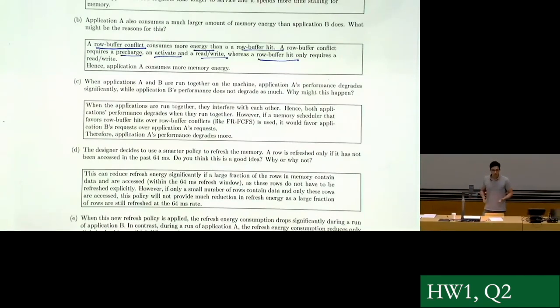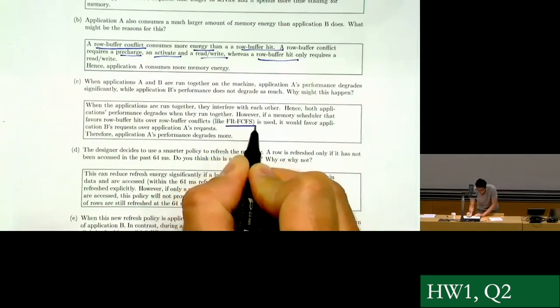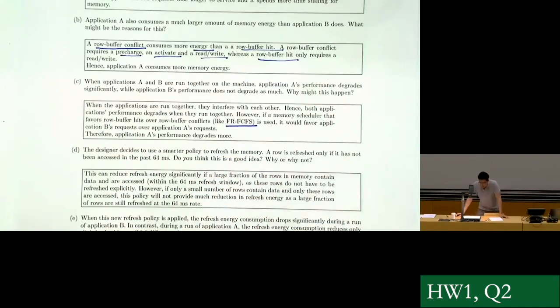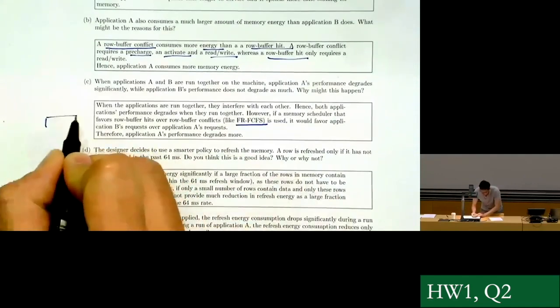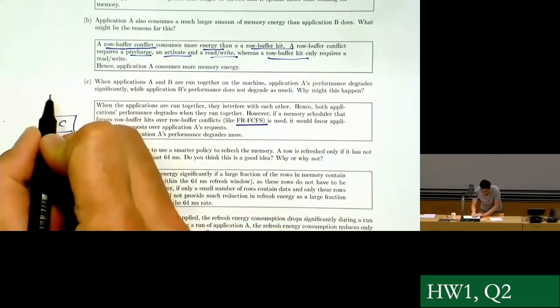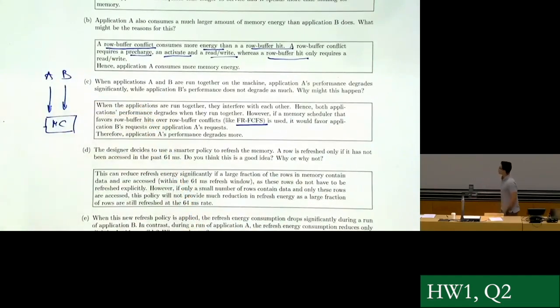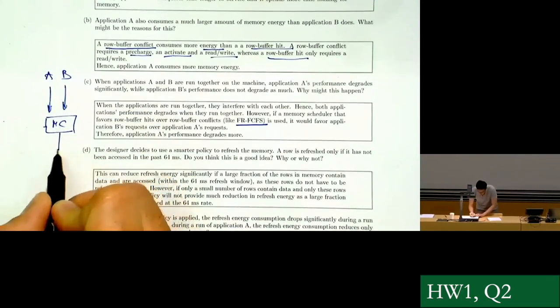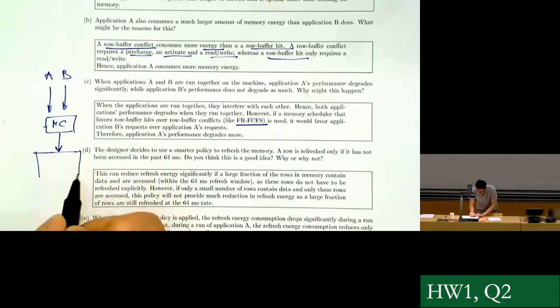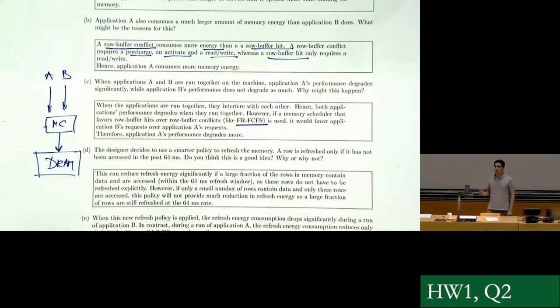In order to improve the performance and in order to save energy, it is typical that the memory schedulers, the memory controllers, implement this scheduling policy: first ready, first come, first serve. This means that if we have our memory controller receiving requests from two applications, A and B, and this is the DRAM, the memory controller is going to prioritize those memory requests that are going to hit in the row.